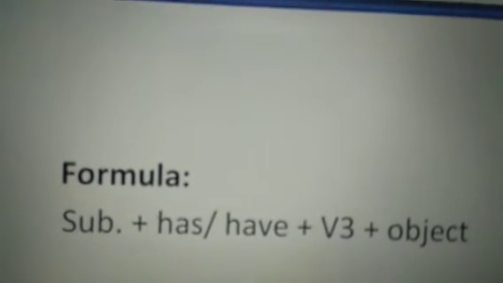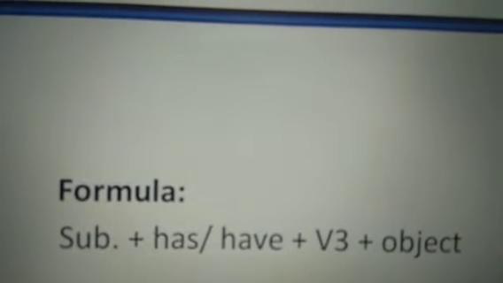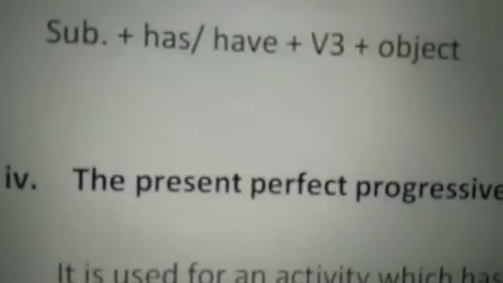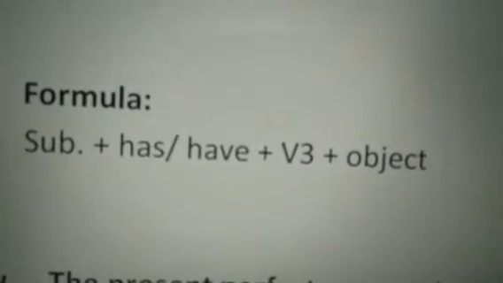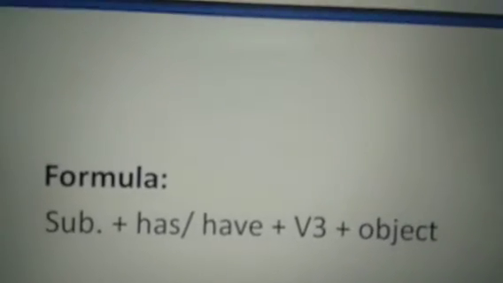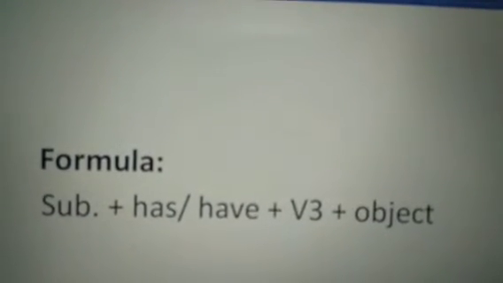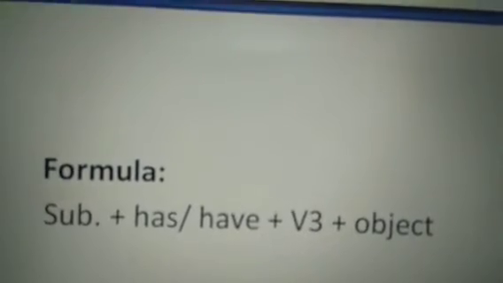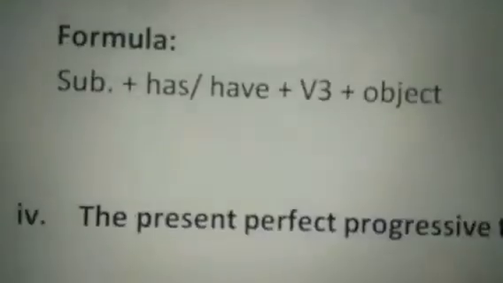But when the subject is plural, it will take have, followed by V3, followed by object. So again, this one is important. But when past perfect is concerned, it will only take had, irrespective of whether the subject is singular or plural.